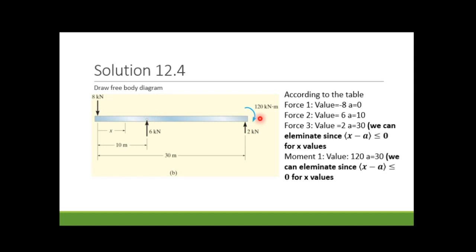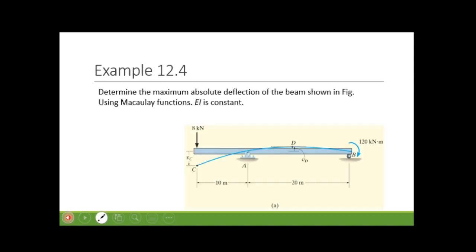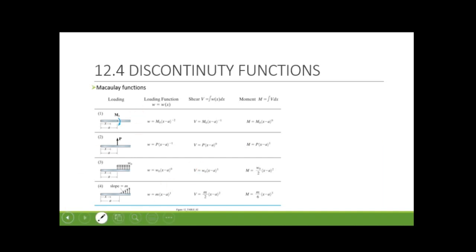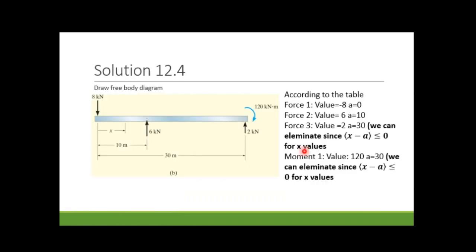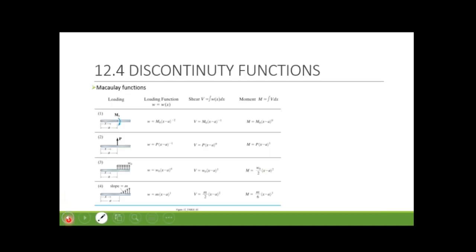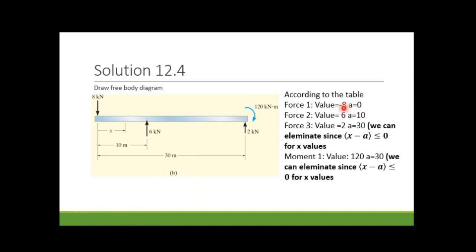So by looking at our tables, I can write the value as minus 8. Why is it minus 8? Because the positive direction is upward, and this direction is downward, therefore minus. The second and third forces are in the upward direction, therefore the value is 6.